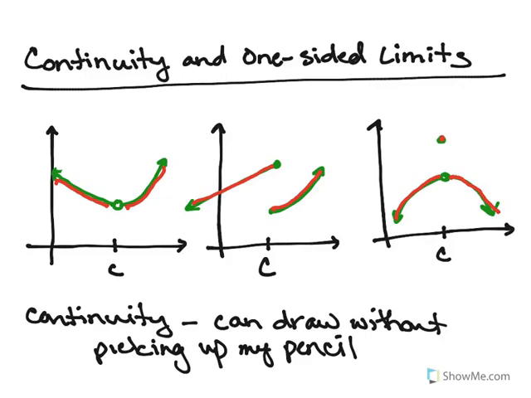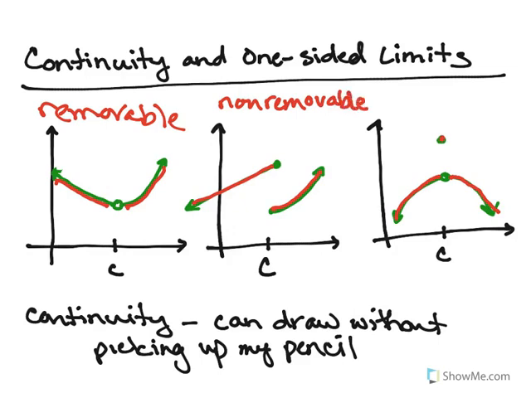The first one is called a removable discontinuity. We've worked with them. Those are holes. And if we have a function that's a polynomial divided by a polynomial, a rational function, if we factor it, they cancel out and they make a hole. The second one is non-removable.